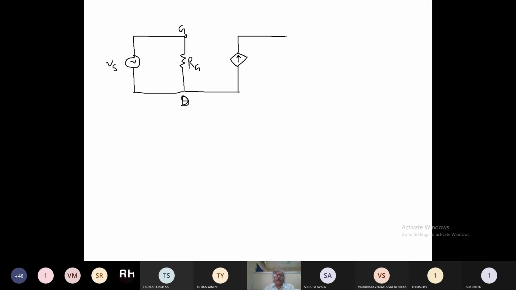And here you have RDS, right? Drain resistance. Then you have the source resistance, and here you are having the load resistance, and you are taking the output across this.